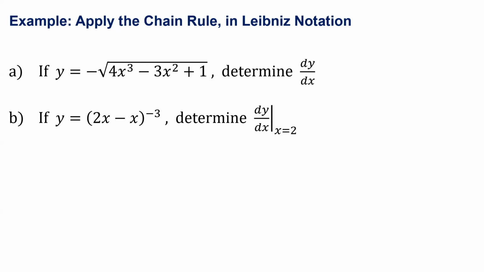Second question, y equals 2x minus x. Sorry, I think there is a typo here. This should be (2x minus x cubed) to the power of -3. Okay, I'll give you 5 minutes to think about these two questions here.